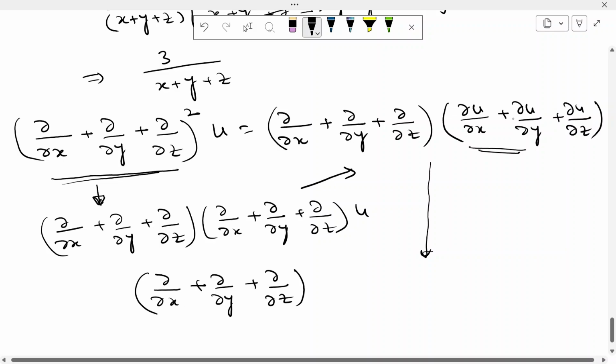Now the value of del u over del x plus del u over del y plus del u over del z is 3 times x plus y plus z.